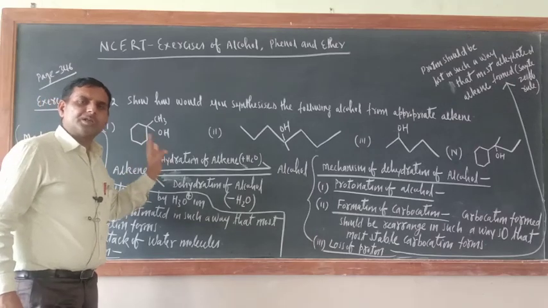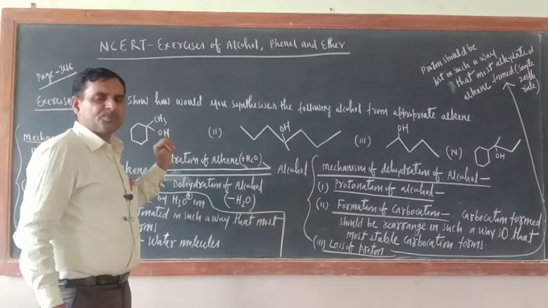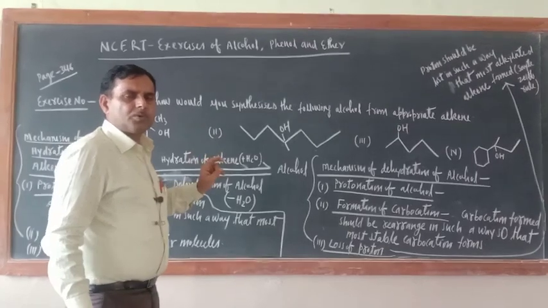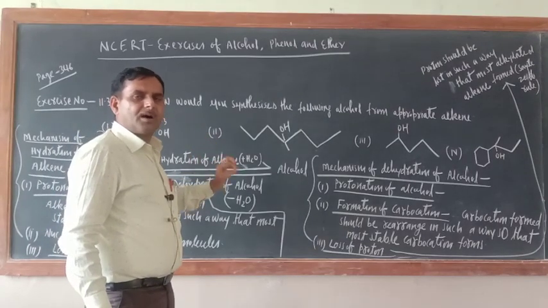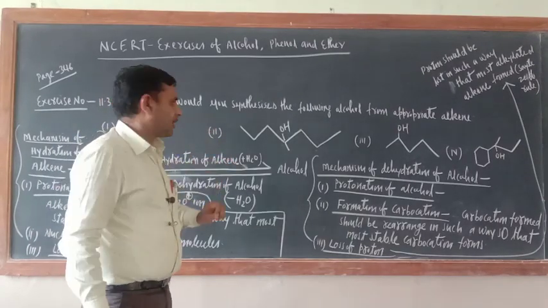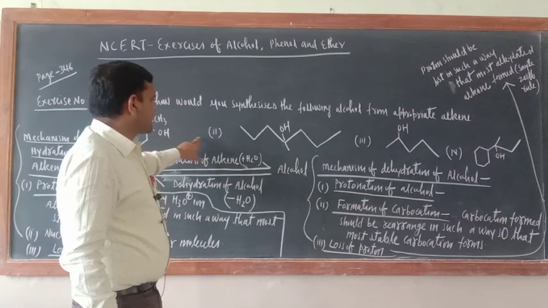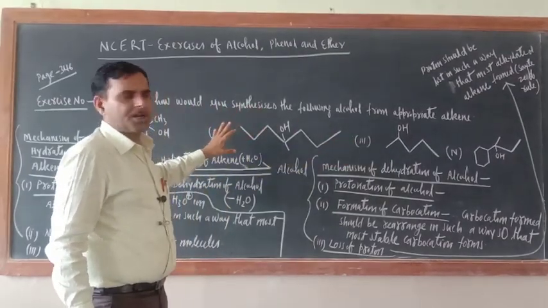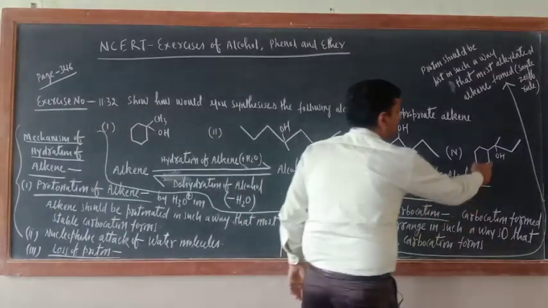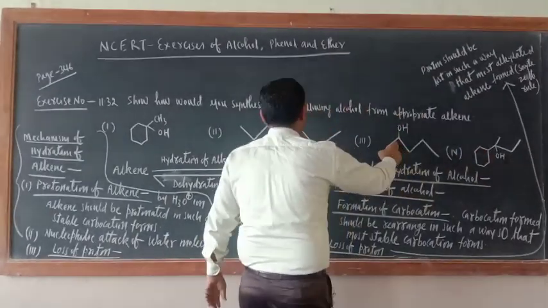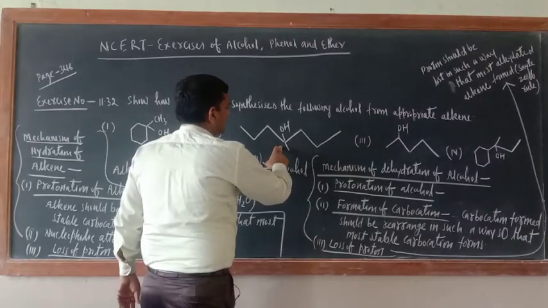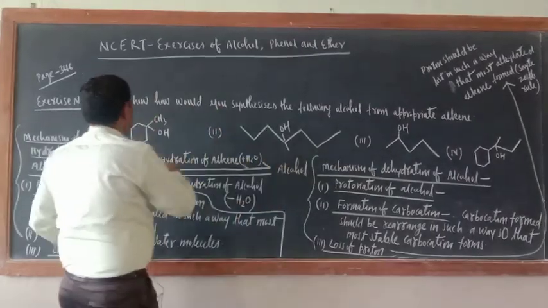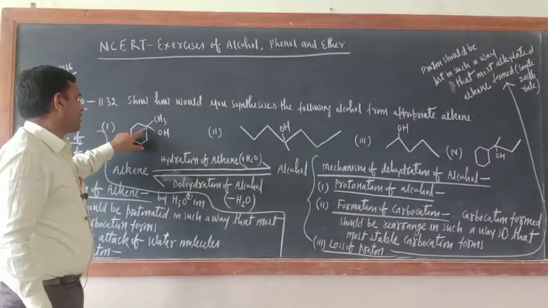What is the need to teach this particular exercise here? In the NCERT book they have given the mechanism of dehydration of 1 degree alcohol, but in all these cases, if you see, they are 2 degree alcohols and 3 degree alcohols. Like this one is 3 degree alcohol, this is 2 degree alcohol, this is also 3 degree alcohol, and this is 2 degree alcohol.